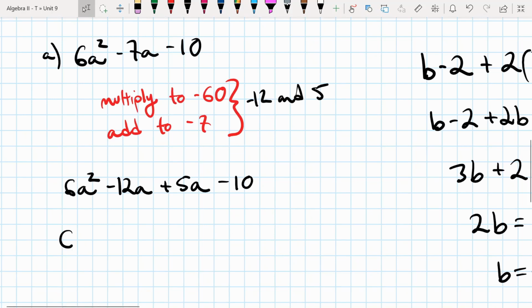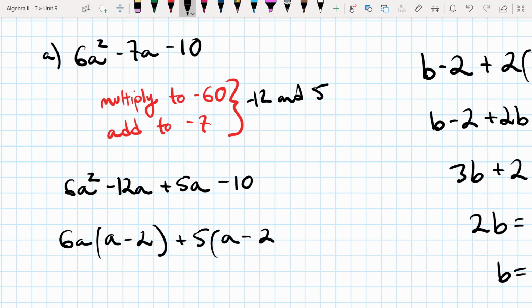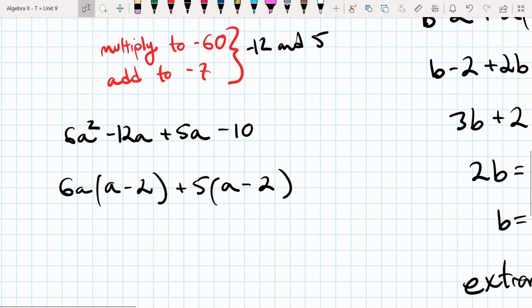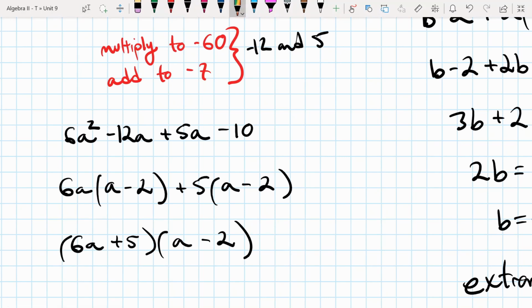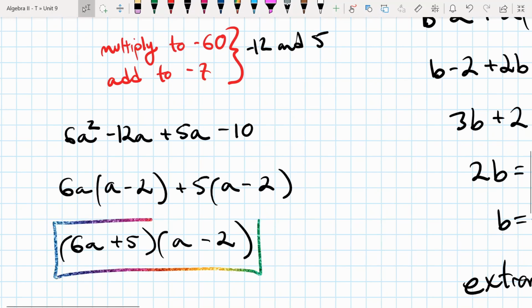So I can factor 6a out of the first two terms, and I can factor the number 5 out of the third and the fourth term. Once we do that, we can actually factor these out from these two terms. So we have 6a plus 5 times a minus 2. And that is the answer for number 3, letter A.